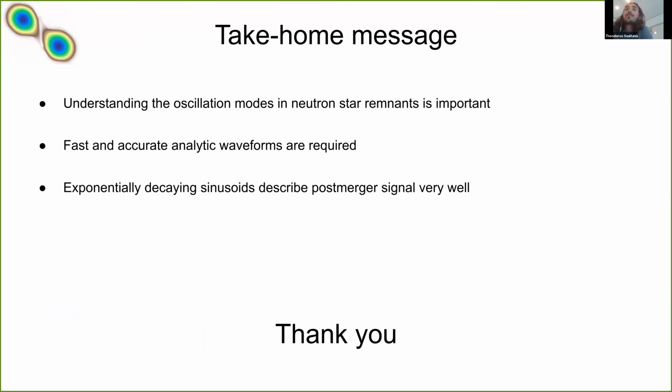For the take-home message, I will keep it very simple: if we want to understand this post-merger signal, we have to understand how oscillation modes work in neutron stars. And in order to make detections, we need to have fast and accurate waveforms. So far it seems that if one assumes exponentially decaying sinusoid functions, one can parameterize this signal very well. And this concludes my talk.